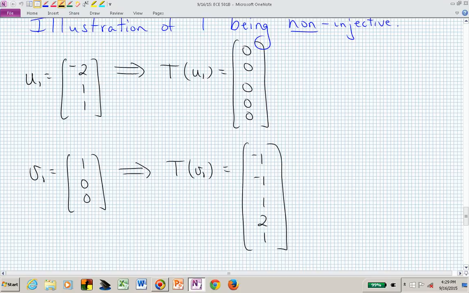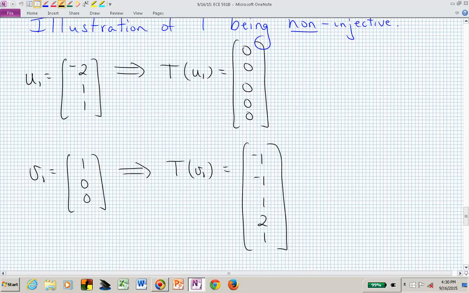You now need to find x, y, and z that would be in the null space, and that may tell you that you have to have some relationship between x, y, and z. In this particular case, it just so happens that minus 2x plus y plus z ends up in the null space.